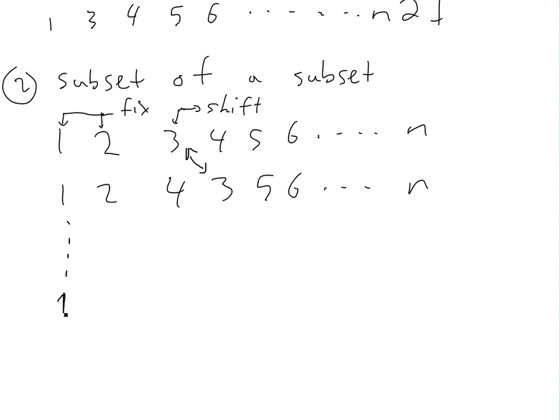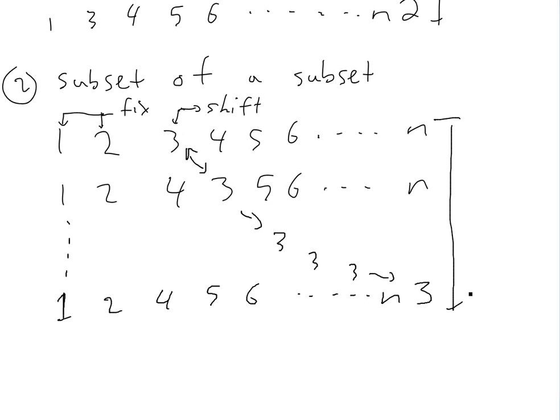This is going to be 1, 2, 4, 5, 6, all the way to n, and then the 3. And then this one keeps going 3, 3, all the way to here. And as you can see here, this is n, and across here is n. This one's only in every single digit except these first two. So this is n minus 2 ways.